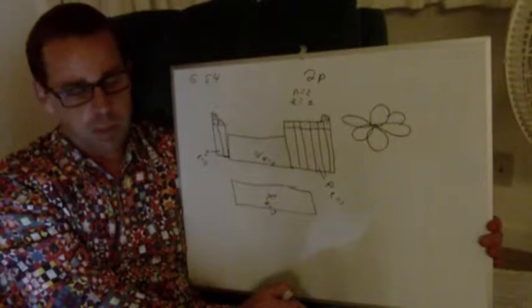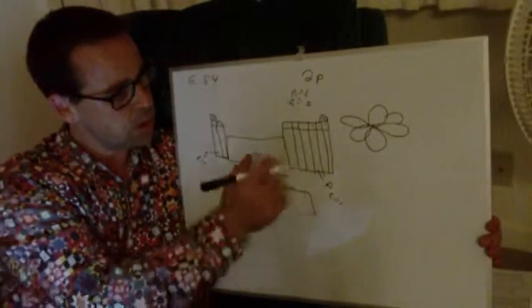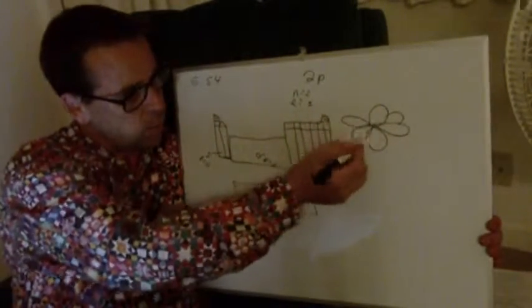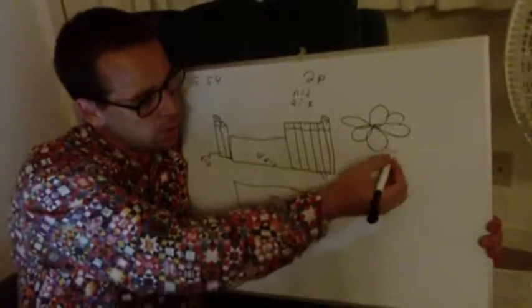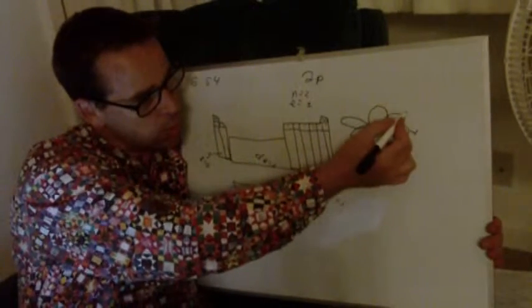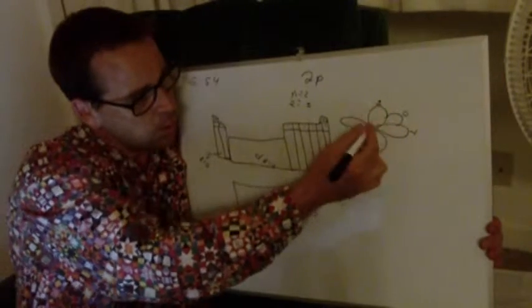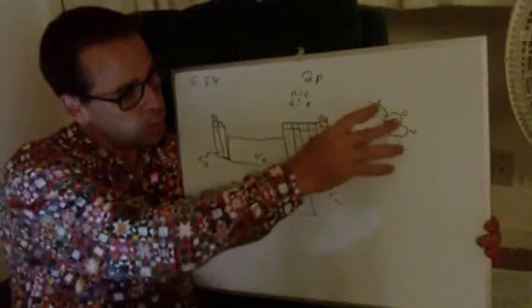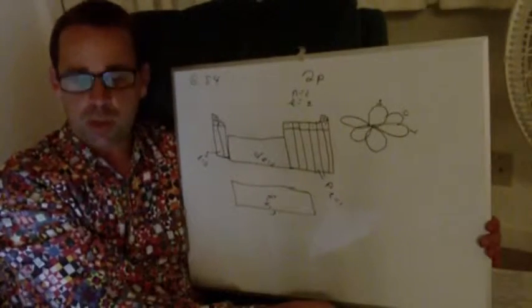For each of these, this is n, second row, L, one of these p blocks, and m sub L refers to -1, 0, and +1. Now, those ones are degenerate, so it doesn't matter which one you're referring to. But those are the three possible m sub L's.